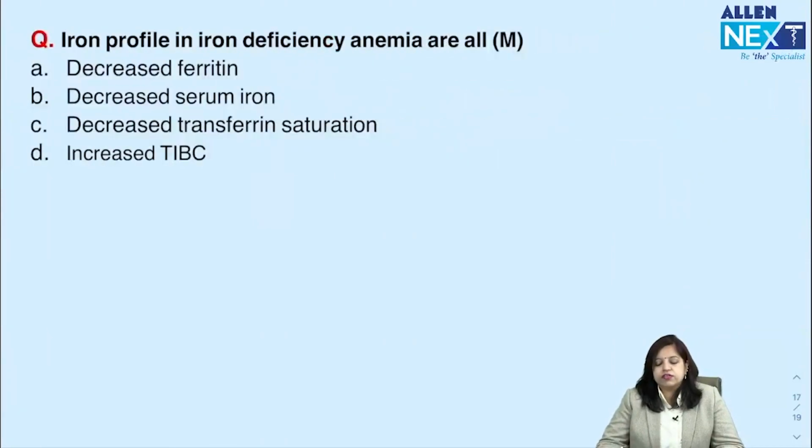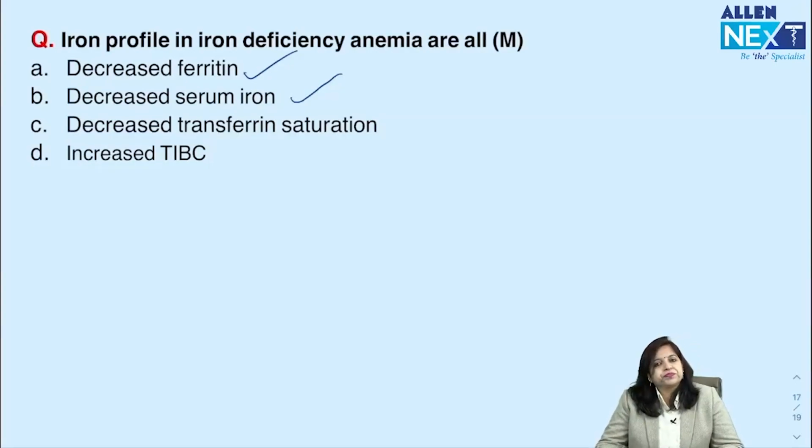Okay, then iron profile and iron deficiency anemia. Since we see lots of iron deficiency anemia, we get the iron studies done. So definitely this would have been discussed by the other faculty also, but still I have taken it. Let us see. There were multiple choices in this, and if you see, everything is correct because iron deficiency anemia entails low body iron. So definitely the storage form of iron, ferritin, is decreased. Serum iron again would be reflective of the total body iron, so that is going to be decreased.